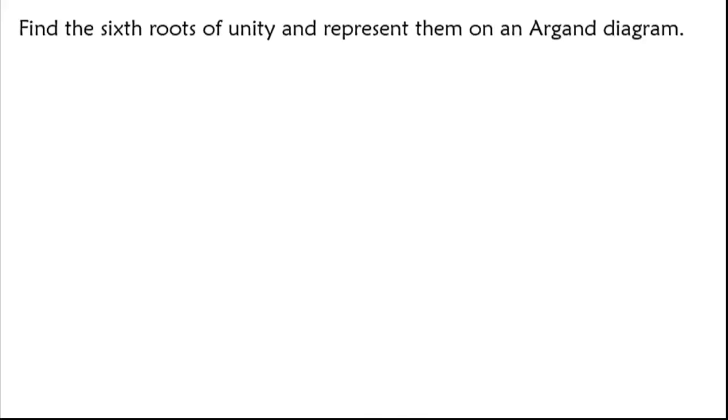Find the 6th root of unity and represent them on an Argand diagram. Okay, so the 6th roots of unity are the complex numbers that satisfy the equation z raised to the power 6 is equal to 1. So we can write 1 in polar form. Remember, the polar form of a complex number can be written as r cos theta plus I sin theta. In this case, our r is 1.